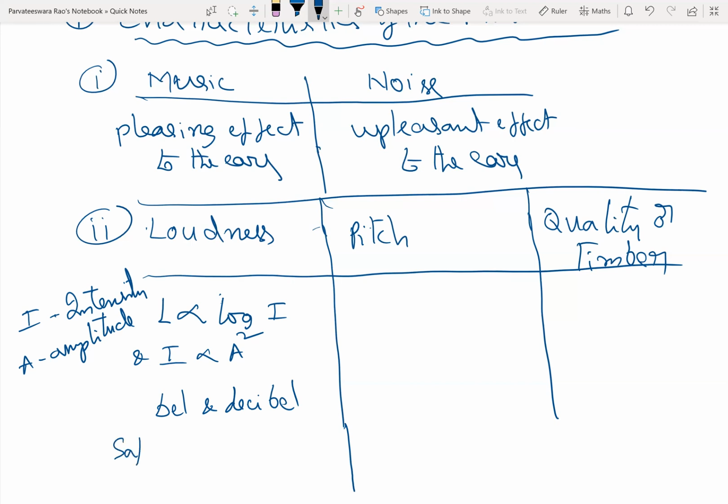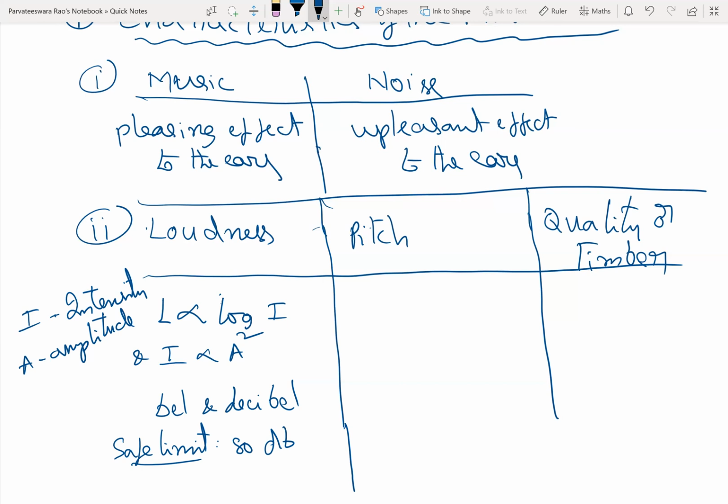So the safe limit of loudness is 80 decibels. If it crosses, it causes first temporary deafness, then permanent deafness, then increased pulse, heartbeat, BP, heart disorders. All these problems will come if the loudness increases beyond these limits. So one characteristic of a musical note is amplitude. If the amplitude is more, the intensity of the musical note will be more.